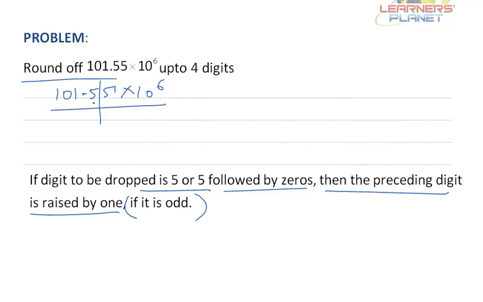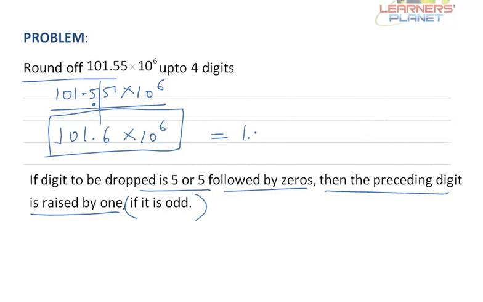So the preceding digit is 5 here. Okay, so the answer would be 101.6 into 10 to the power 6. Okay, this thing you could have written also as 1.016 into 10 to the power 8. Both are correct.